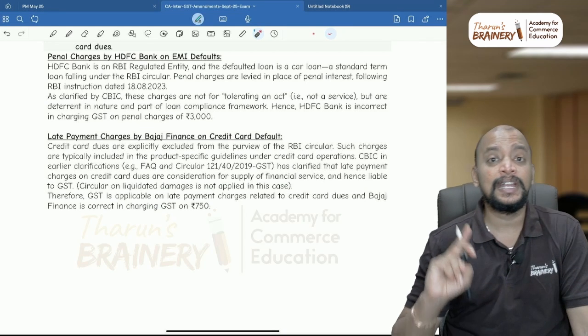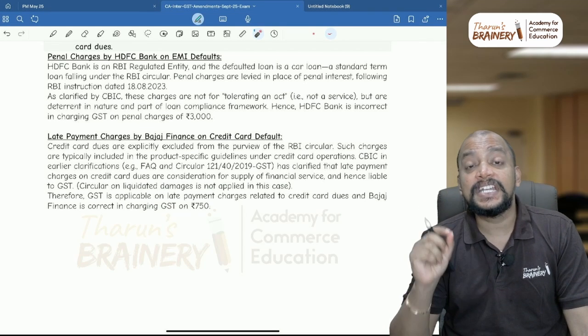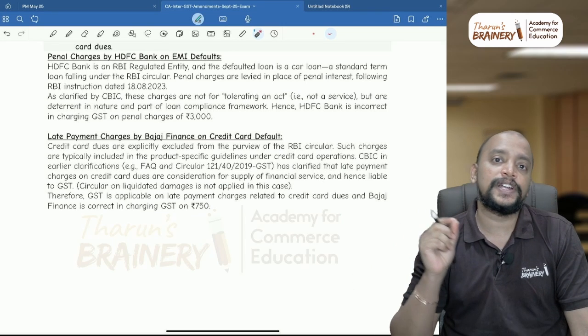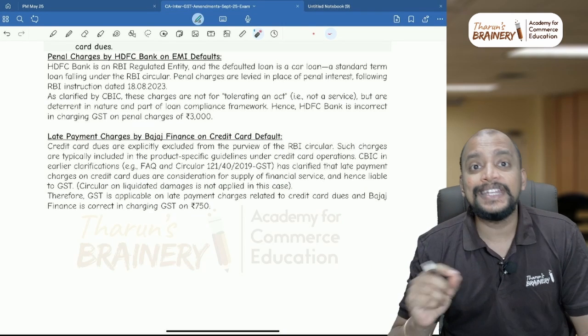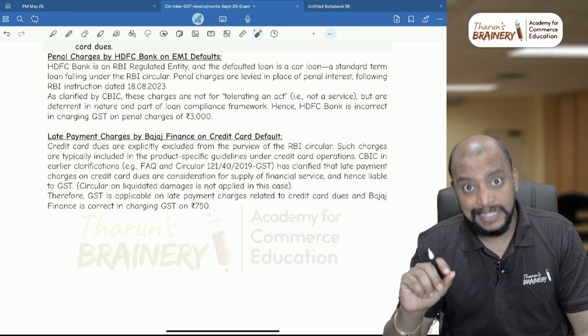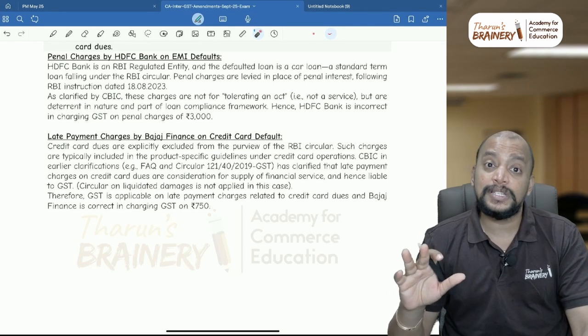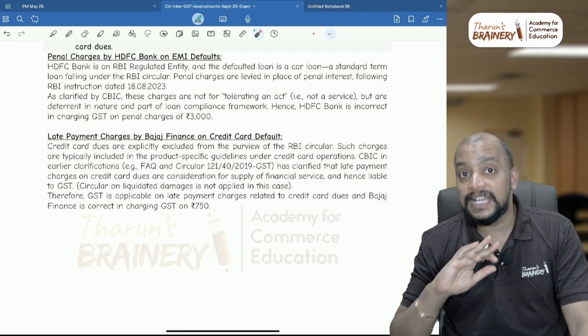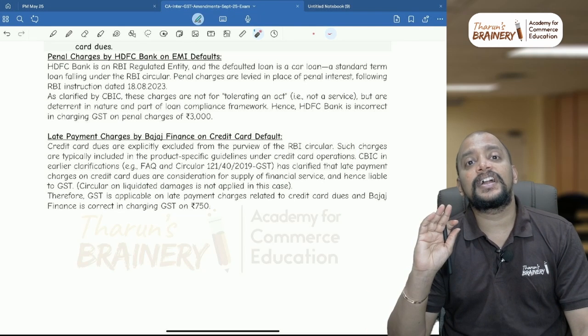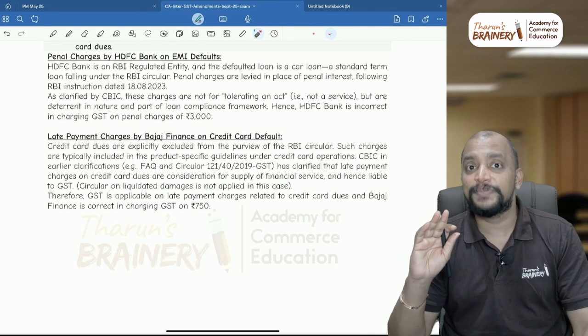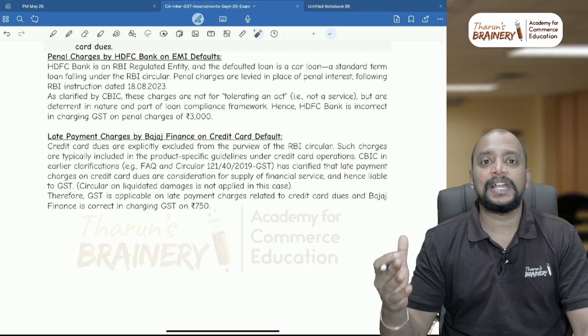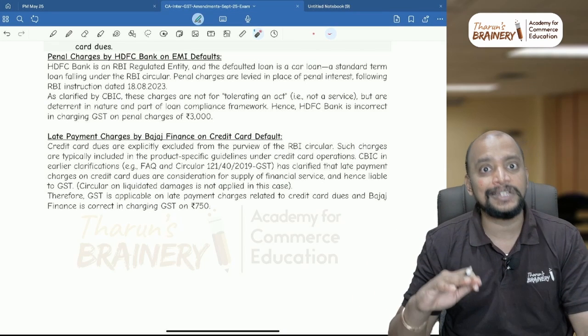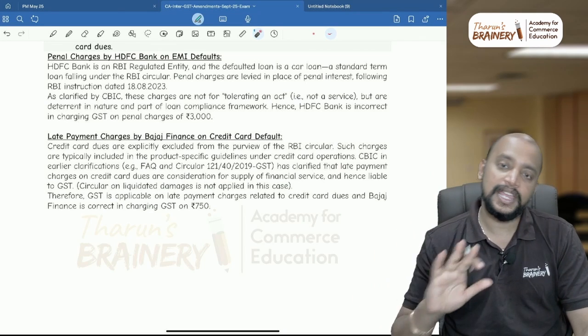So keep that in mind. Even though the late payment charges may be penal, there is another circular which clearly clarified that credit card late fee will always be taxable. Interest, late fee or penalty for delay in receipt of credit card dues will be taxable. Keep that in mind.